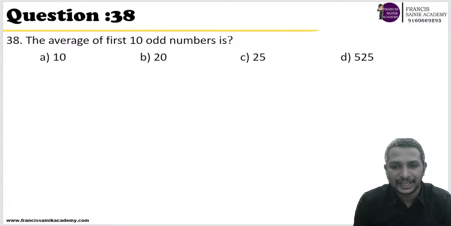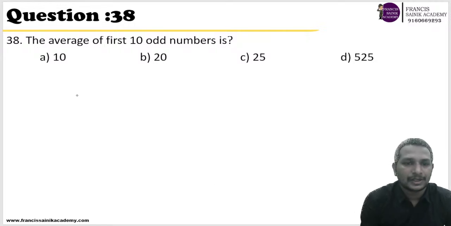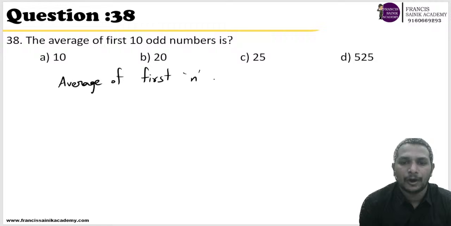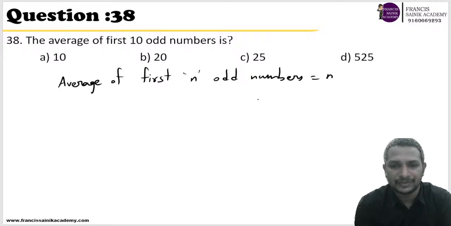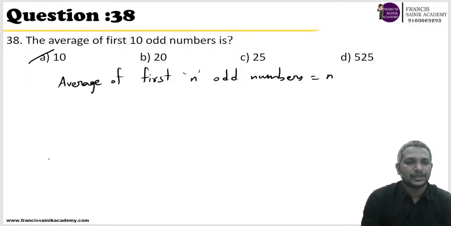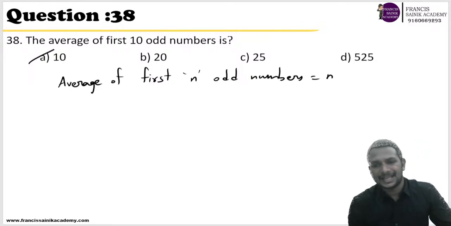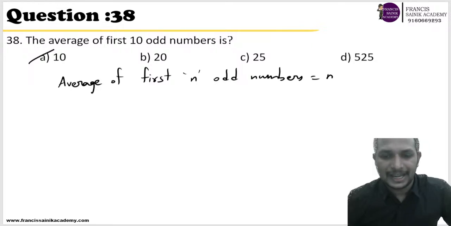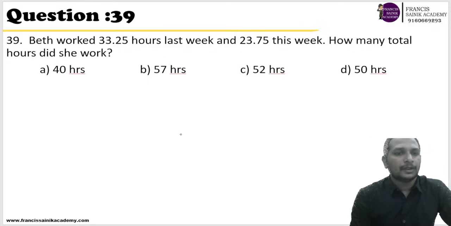As we have a direct formula here, the average of first n odd numbers is again n. The answer for this question is, average of first 10 odd numbers is 10 itself. Okay. Coming to the next question.